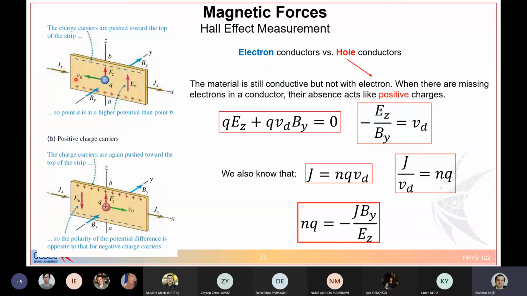So here's what happens. If the material is conducting with electrons, the electrons go in the opposite direction of the current, as you may remember. So current flows in the positive x direction, and electrons should be flowing towards the negative x direction if the material is conducting with electrons.